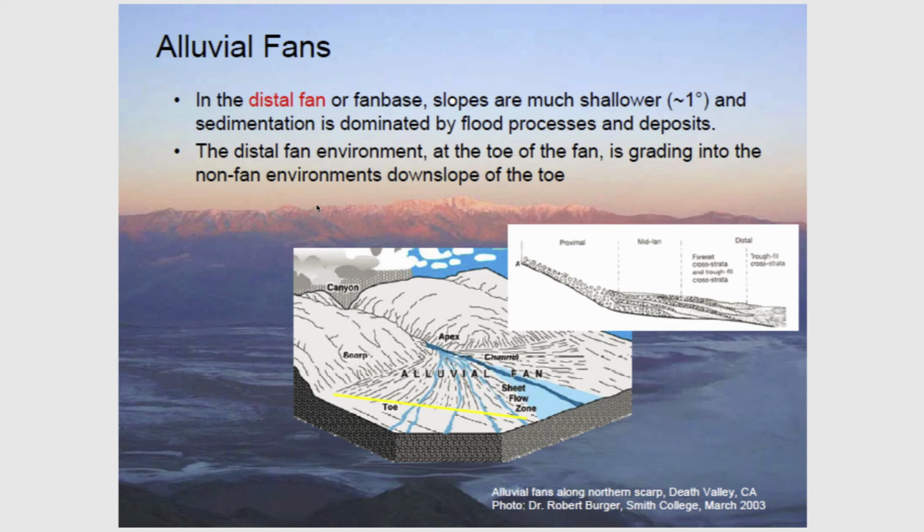Usually this environment at the toe is grading into non-fan environments, so we can get cross stratification that comes from other fluvial systems that are independent of the alluvial fan. So that's an important thing to remember.